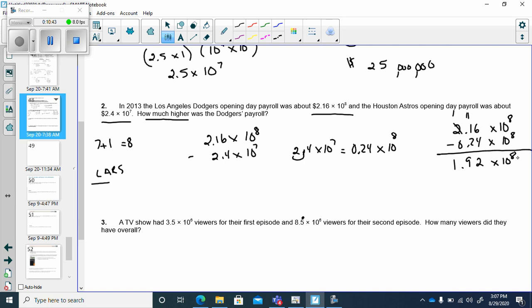Now, that's in dollars. Let's see what that would actually be if I move the decimal 8 places. 1, 2, 3, 4, 5, 6, 7, 8. That's $192 million.